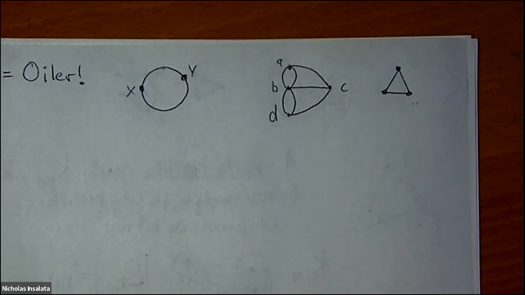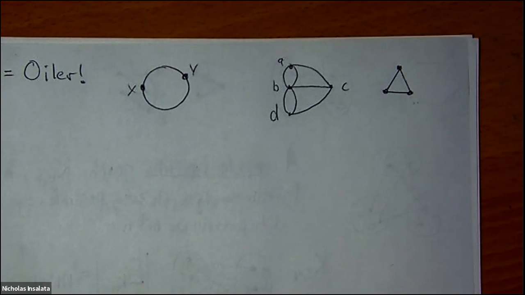Okay, so let me reinterpret your argument there. You said you have to go there and back, so it would have to have an even number of edges. I think what you meant is that to go there and back, you would have to have even degree at those vertices. Is that what you meant?